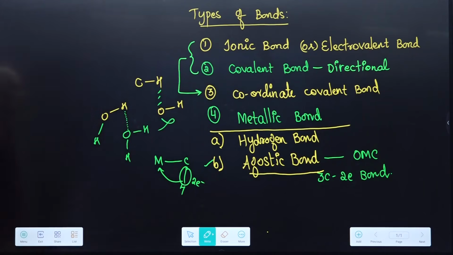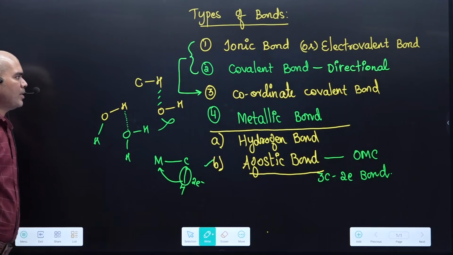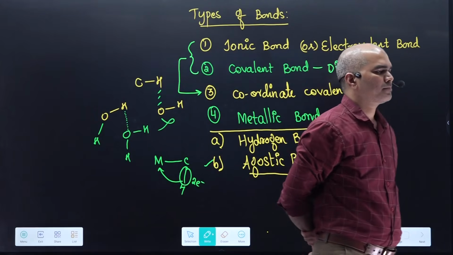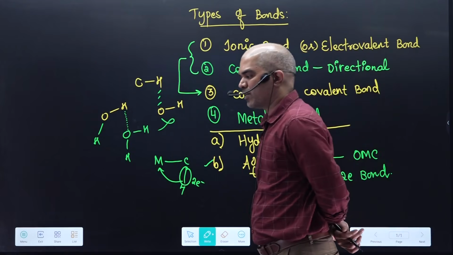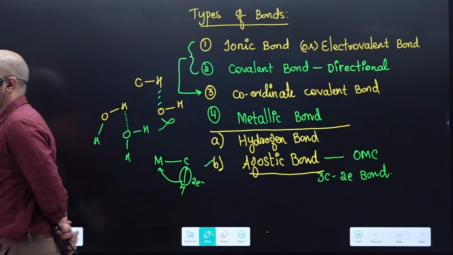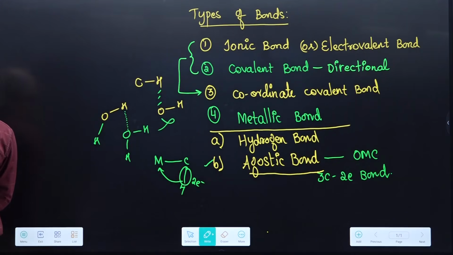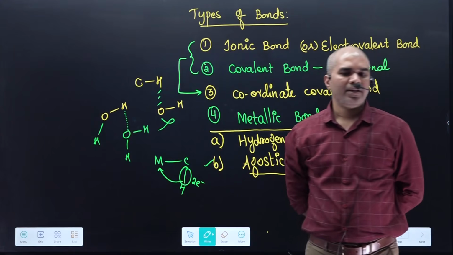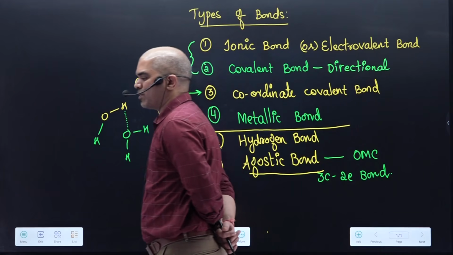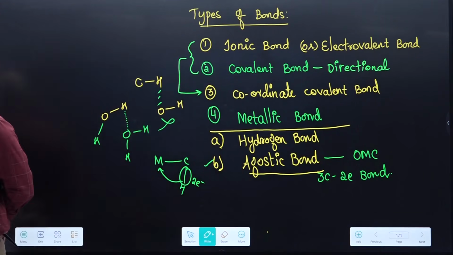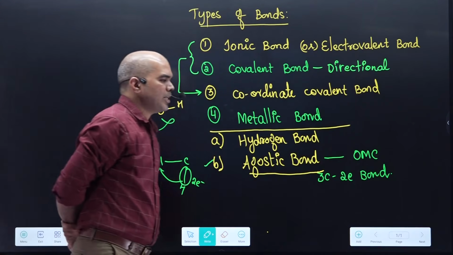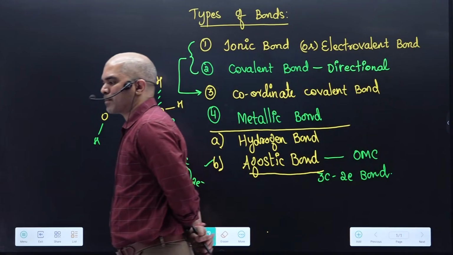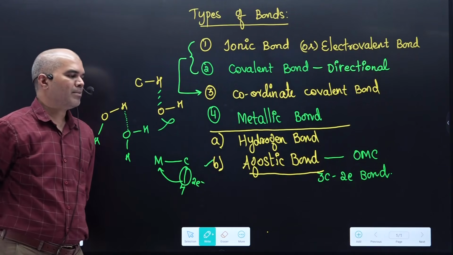It is a combination of ionic bond and covalent bond, where only one of the combining atoms contributes a pair of electrons, which is shared by both the atoms.